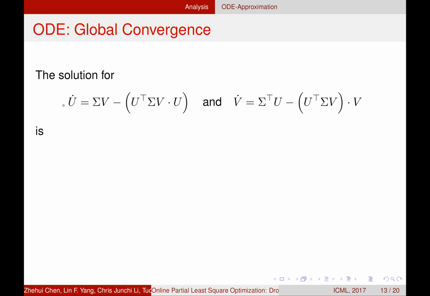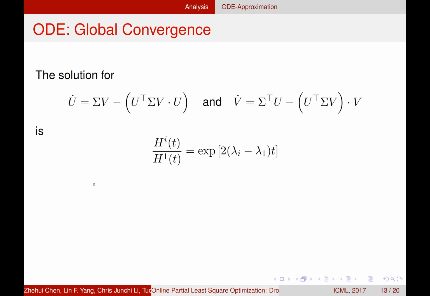So this is the equation. You see du/dt equal to sigma times v, where sigma is the covariance matrix, times this number times u, and vice versa for v. The solution for this can be obtained very easily by symmetrization of this matrix in these equations.